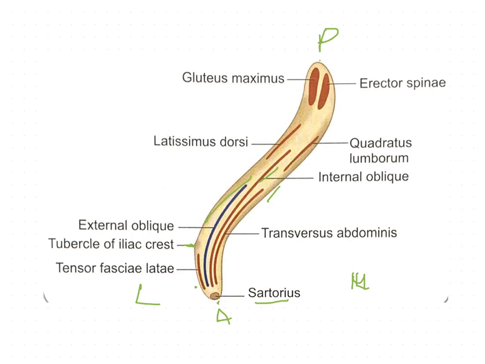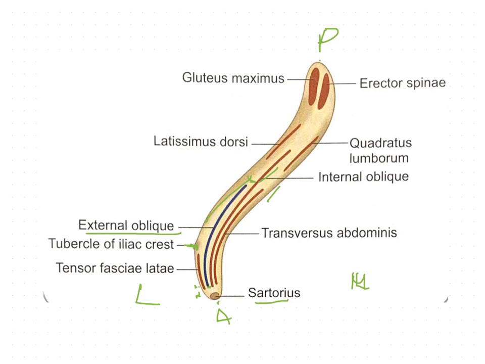Which is originating in front of the tubercle of the iliac crest. Okay, and then from lateral to medial, the next muscle which is getting attached here is the external oblique. This is the only muscle which is getting inserted here. This muscle occupies the 2/3 of the outer lip.